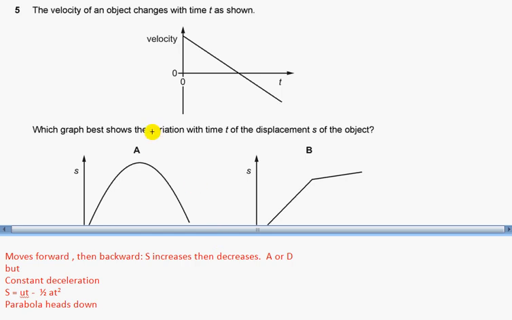Question 5. The velocity of an object changes with time as shown. Which graph best shows the variation with t of displacement s of the object? So first the object moves, velocity is positive, so it moves up, then it moves down. So first we have an increase of displacement and then a decrease.